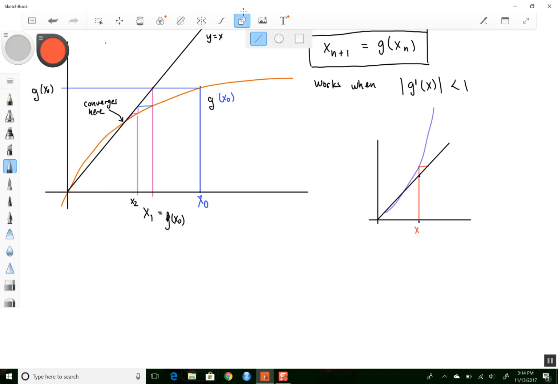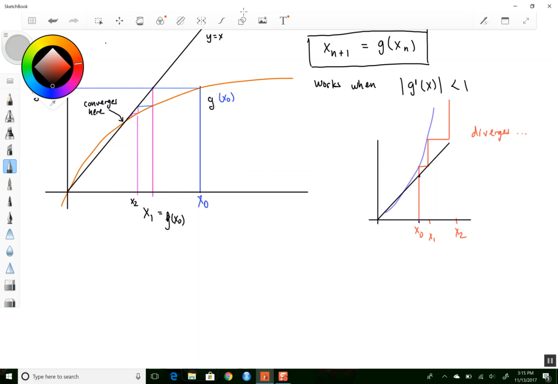So if this is x at 0, then x at time 1 will be right here, and you can see that this is going to diverge. This will be x1 and x2, and this diverges. It's going in the opposite direction. So the fixed point iteration only works sometimes, and it all depends on how you've written g of x.